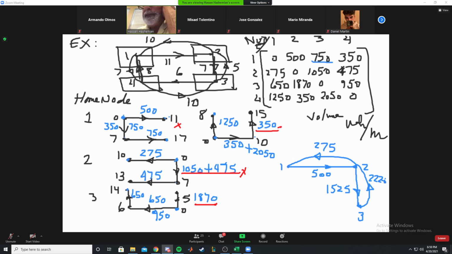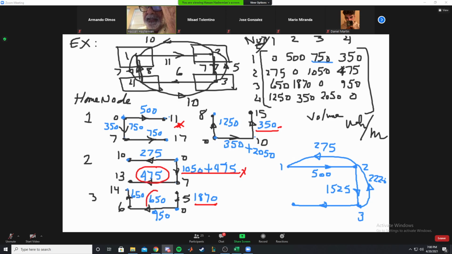Now the next one is from 3 to 4. So from 3 to 4, again, this is the opposite direction. We don't care. But from 3 to 4 is this one, 475.